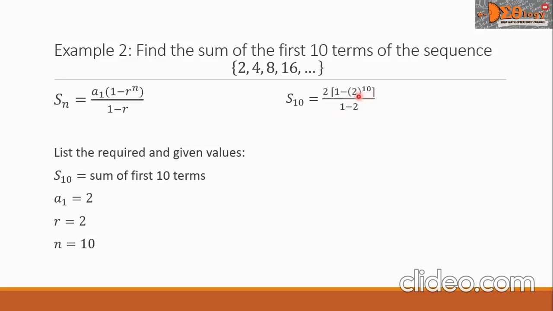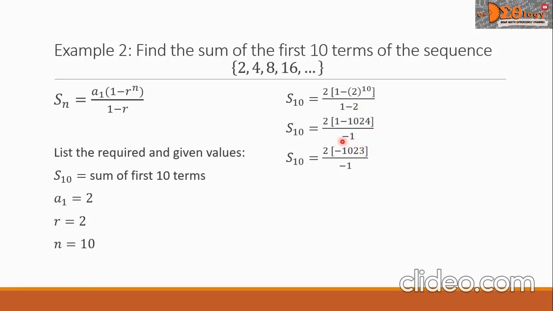Let us simplify this 2 raised to 10. Using our calculator, we have 1024. In the denominator, the 1 minus 2 is simply negative 1. Let us simplify further. These numbers inside the grouping symbol, 1 minus 1024, will be negative 1023.